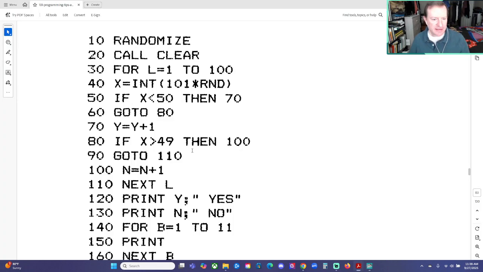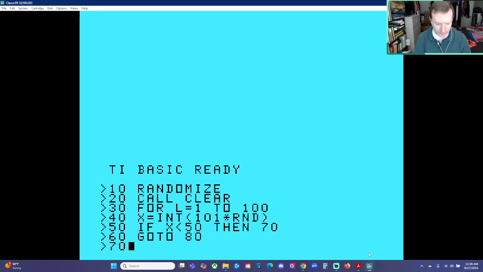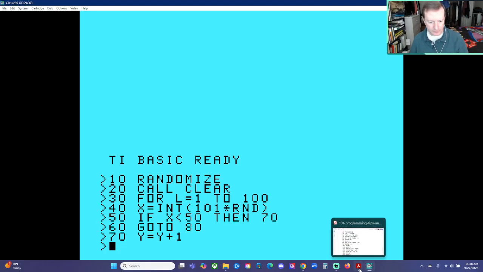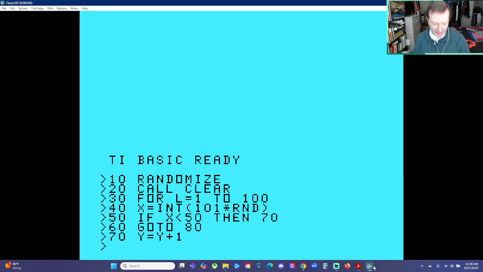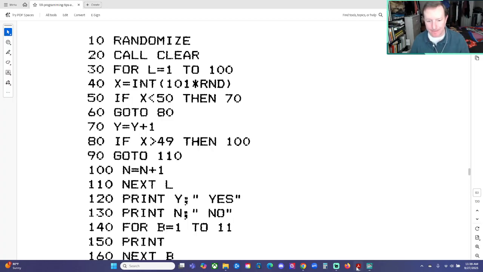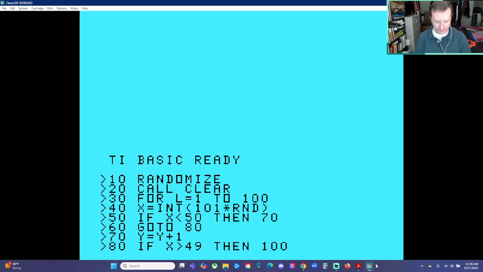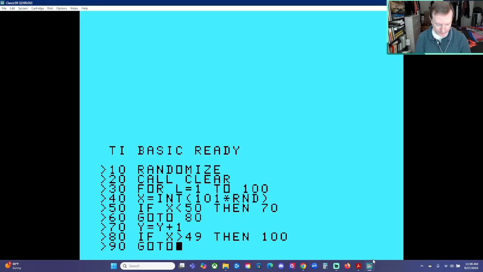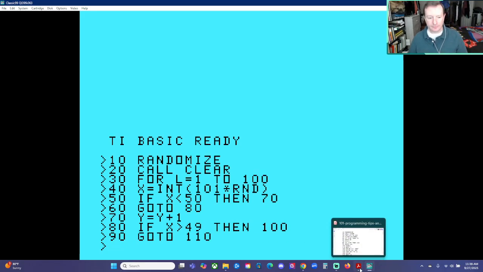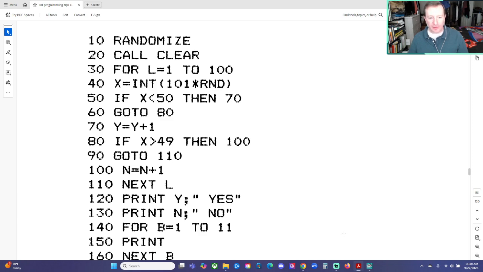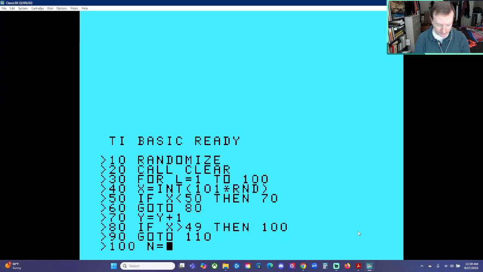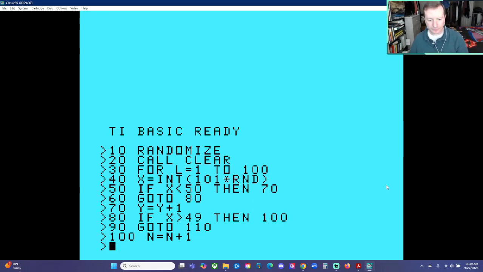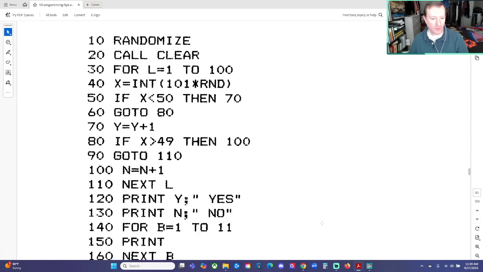Okay, 70, Y equals Y plus 1. 80, if X is greater than 49, then 100. 90, GO TO 110. 100, N equals N plus 1. 110, NEXT L.